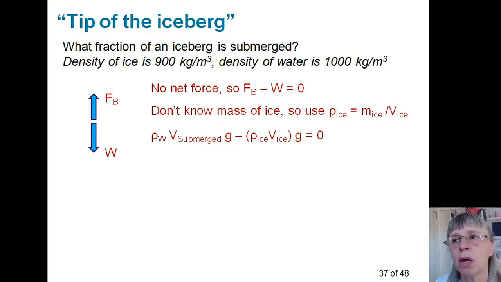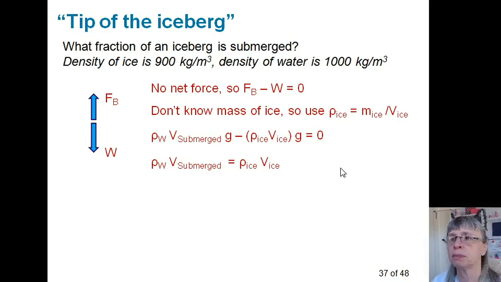So from here we can simplify, because both terms have g in them, so we can cancel the g and rewrite this equation so that we've got the density of the water times the volume submerged is equal to the density of the ice times the total volume of the ice.